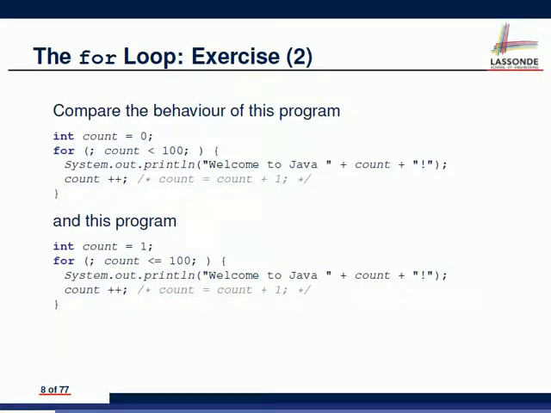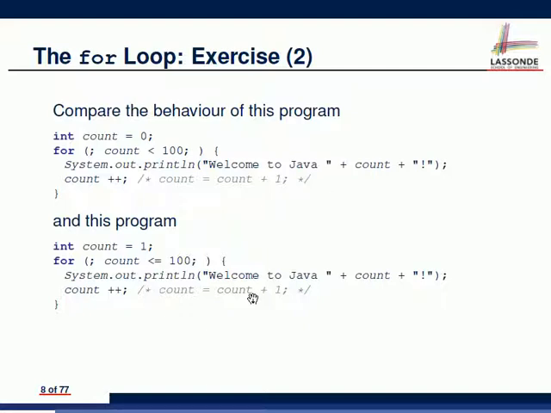Now, let's say we have another loop over here. Now you should be convinced that this loop is going to run exactly 100 times, from 1 up to 100, right? So now, are these loops going to output the same thing? That's the question. Again, you have to look at two things. First of all, how many iterations do you have for each loop? They happen to be the same.